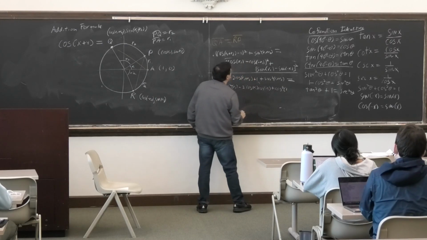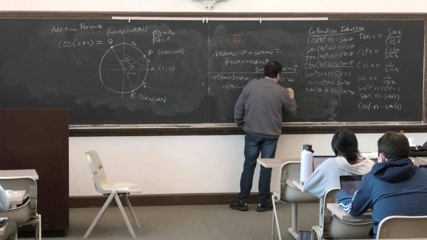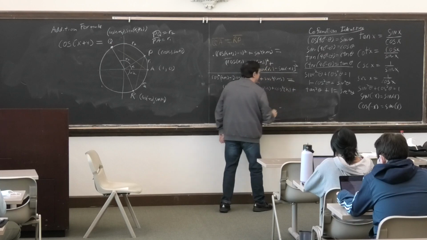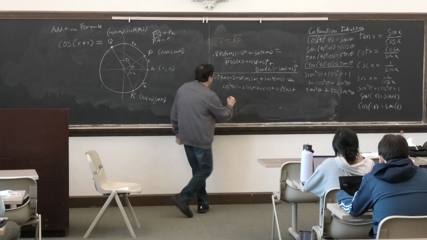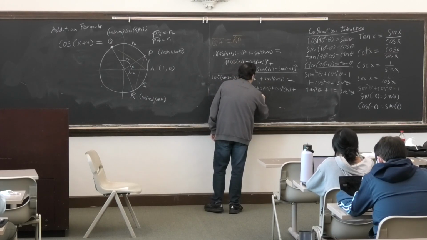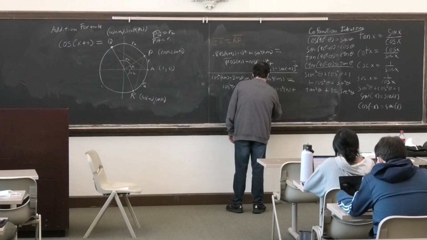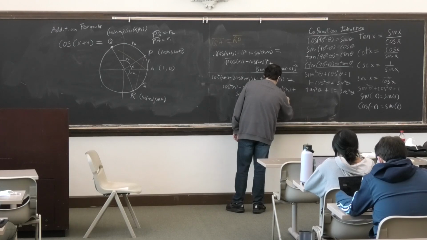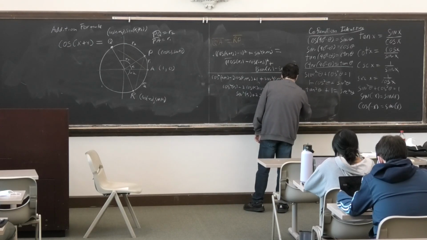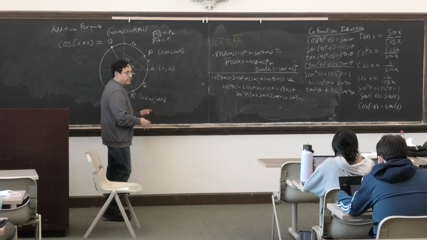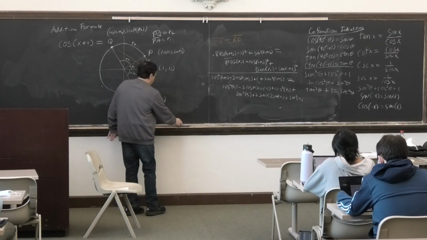Negative r1, cosine squared negative r1. That's this first part. And then we have sine squared r1 plus 2 sine r1 sine of negative r1 plus sine squared negative r1. Oh. Fortunately, it's time to erase this.